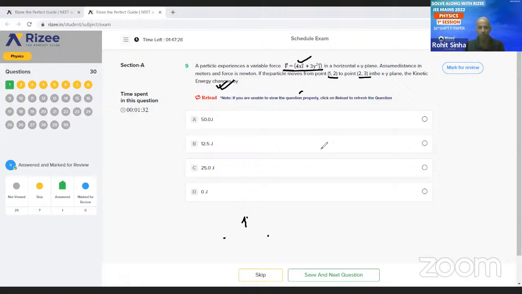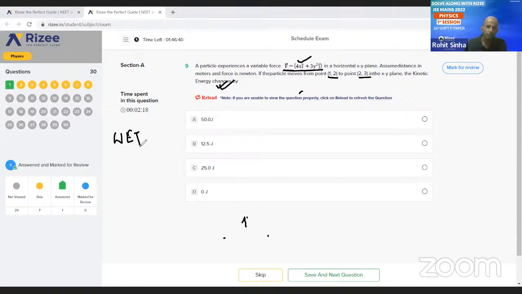One hint, use the work energy theorem, and I think you can solve it. Try this question.